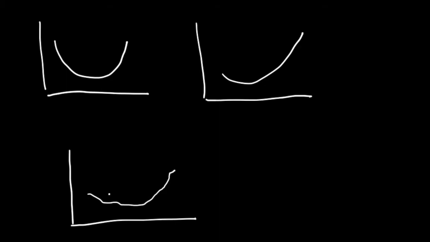It's still got that convex shape, but it's just not as well defined as, say, this, which perfectly looks like what a convex function should look like. Or this, for example, a quasi-convex function. I'll just draw another quick example. It will look something kind of like this. It's still got it, but it's not as well defined.